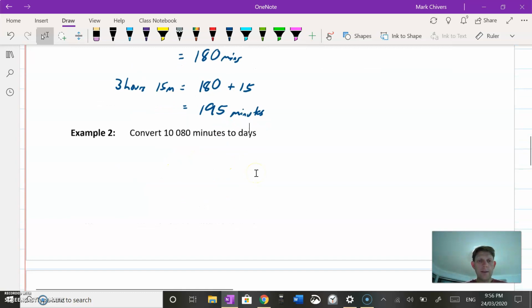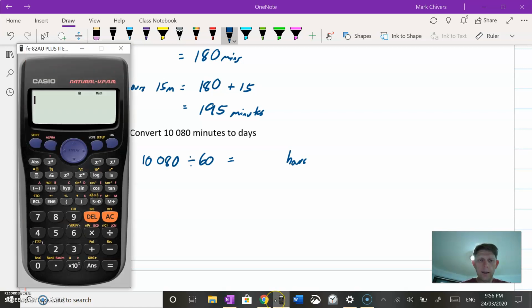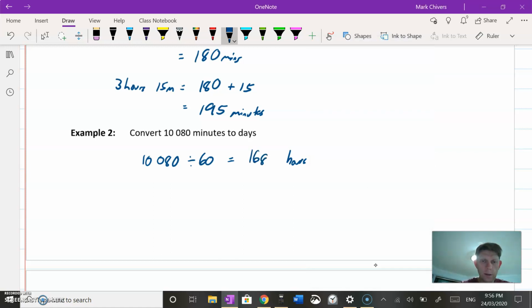Converting 10,080 minutes to days. So 10,080 minutes divided by 60 is going to give us an amount in hours. So if we use our calculator there, I'll just move him to the side here. 10,080 divided by 60 gives me 168 hours.